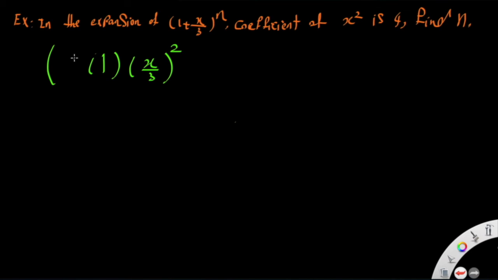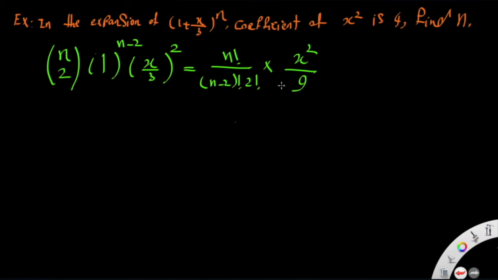So we know that the powers add up to n, so it must be n − 2 plus 2 becomes n. So what we have is combination of n and this power, which is 2. It would be n factorial over (n − 2) factorial 2 factorial, times 1 to any power, which is 1, times x² over 9.